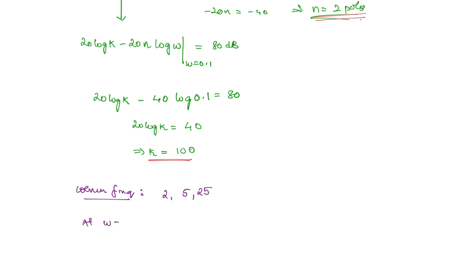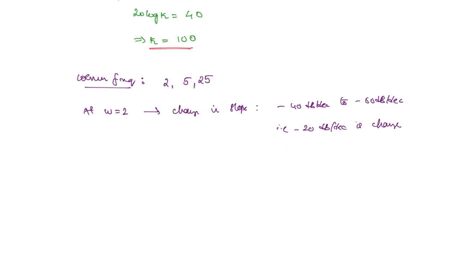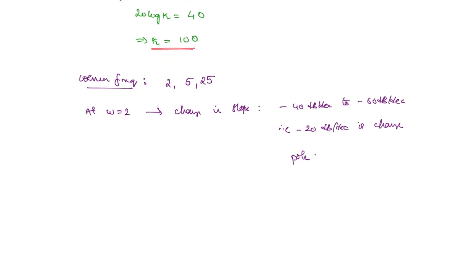At omega is equal to 2, change in slope is from minus 40 dB per decade to minus 60 dB per decade. That means change in slope is minus 20 dB per decade. So this is going to be a pole of order 1.